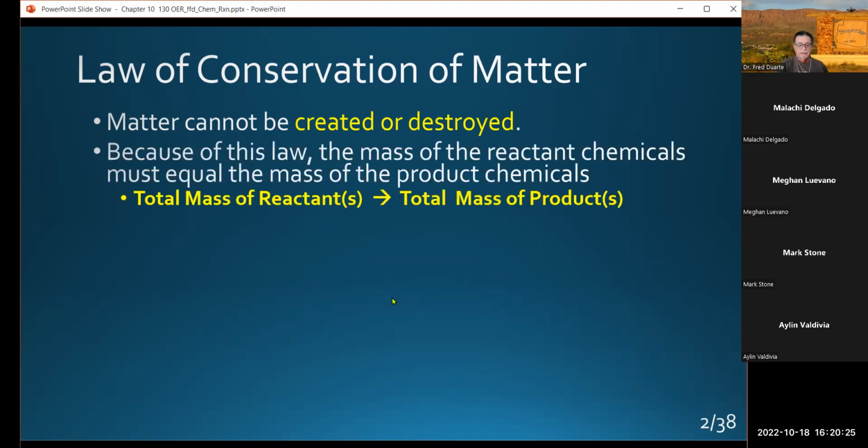That is to say that if I, for example, know the total mass of my reactants, 100 grams of all my reactants, and I go through a reaction process, when I tally up the amount of products, I should end up with 100 grams of material.